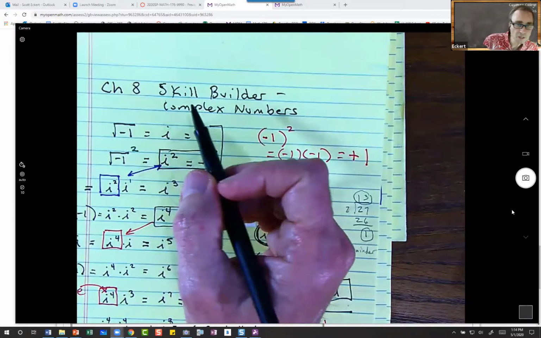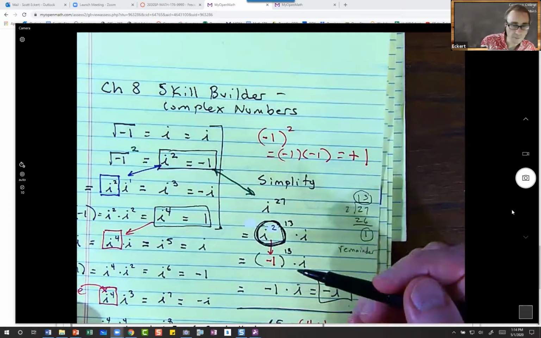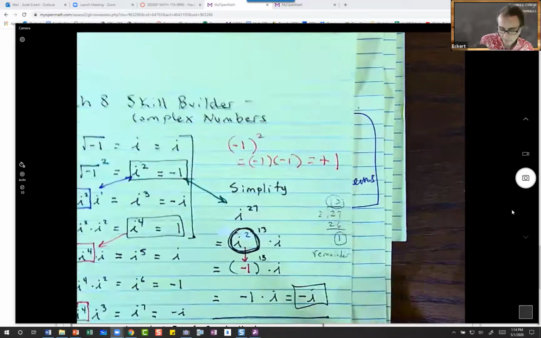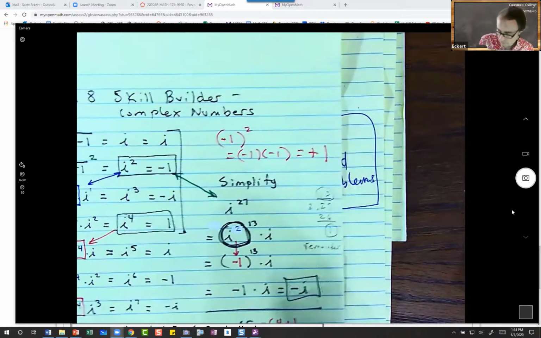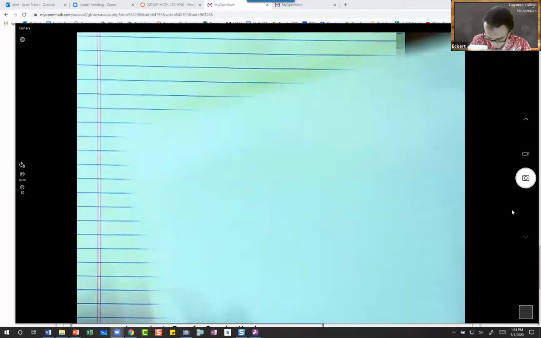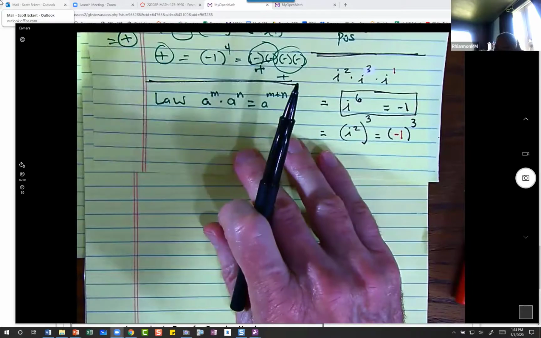So this is complex numbers. Really, this is just the imaginary number. We're doing math on the imaginary numbers. Now I want to kind of up the level a little bit and do some complex numbers. So, Mr. Eckert, if it's an even number, you're going to have like I, and if it's a odd number, you're going to have -1.